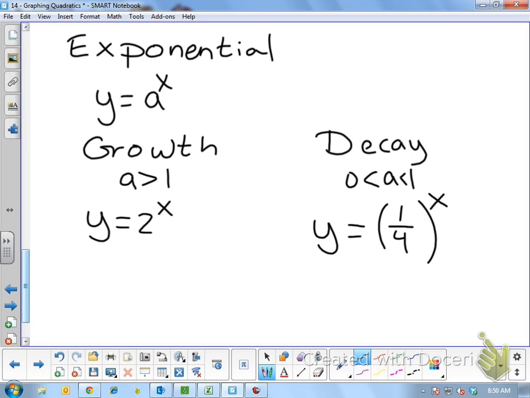So that's an exponential function. It gets big really, really fast. Exponential functions are one of the most useful functions in finances. Calculating interest, you use an exponential function. Decay is often used in carbon dating.